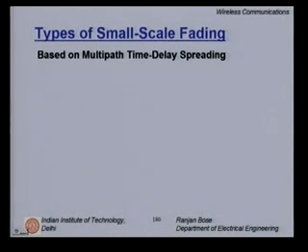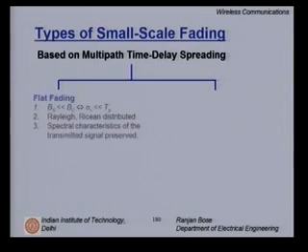Now, we talk about the small scale fading. Based on the multipath time delay spreading, we can classify it into two parts. First is the notion of flat fading. The complete expression is frequency flat fading.